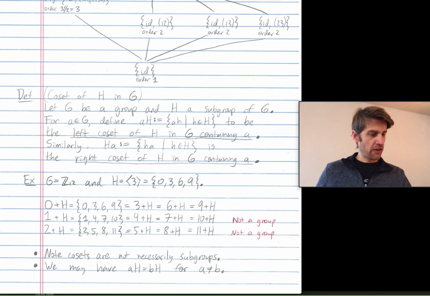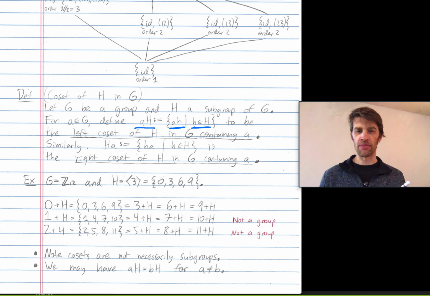We're going to define aH, and this will be the left coset of H in G containing a. It's a mouthful, but aH is the left coset of H in G containing a. The elements of aH are all things of the form ah, where little h is in our subgroup H. We'll see some examples.